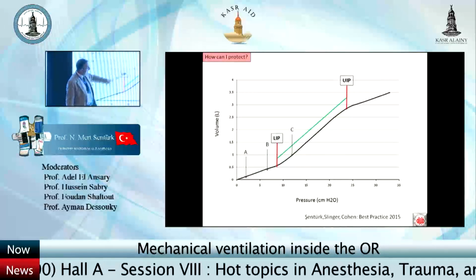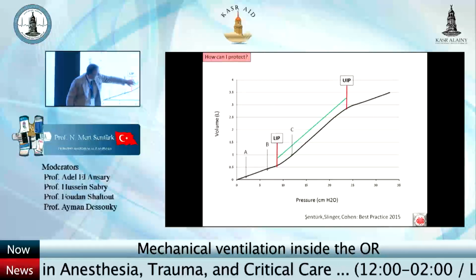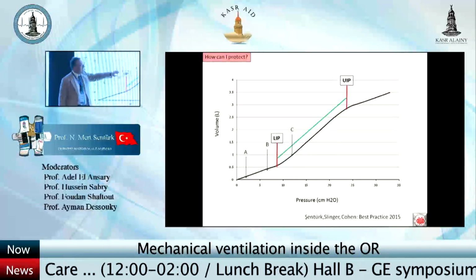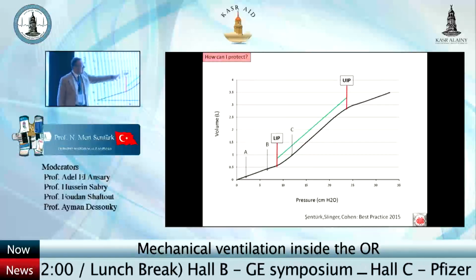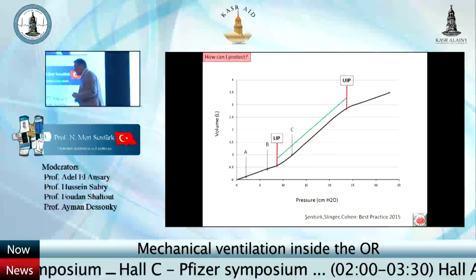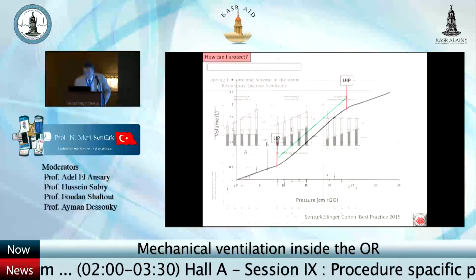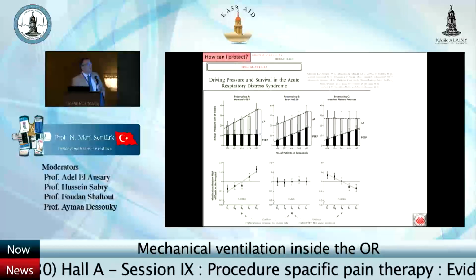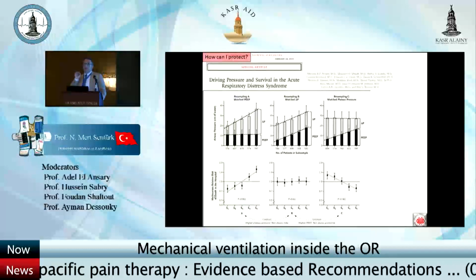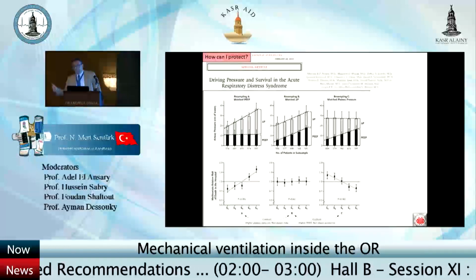So you have to find some PEEP level like B here to have the best. And in every patient, the lower inflection point will be somewhere different. Therefore, in each and every patient, we have to make a PEEP titration. And this would lead to a protective ventilation. Otherwise, PEEP itself can increase, but also can decrease the oxygenation.